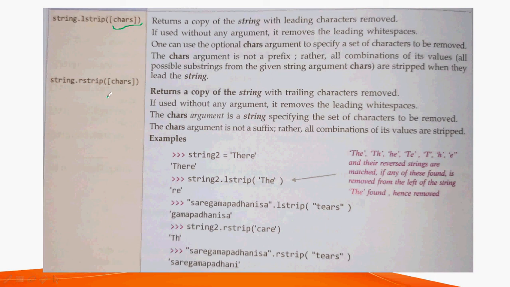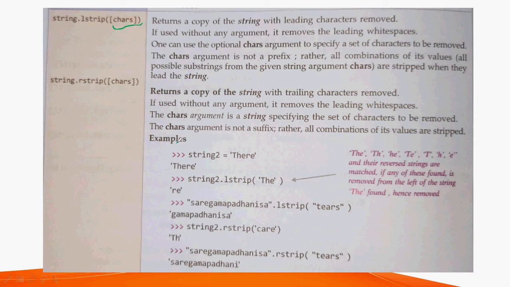Now, R strip: the characters from the trailing edge or the right side of the string will be cut. If a character is specified, that character from the right side will be cut out. If this argument is not provided, then the trailing white space will be removed from the string.